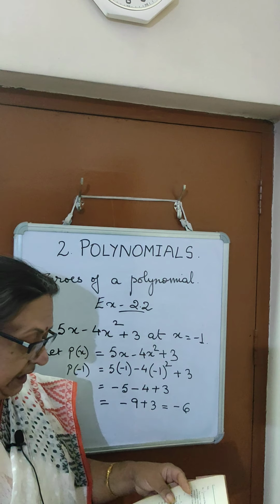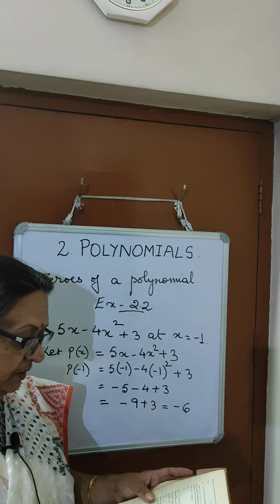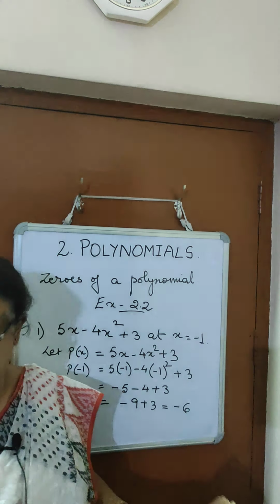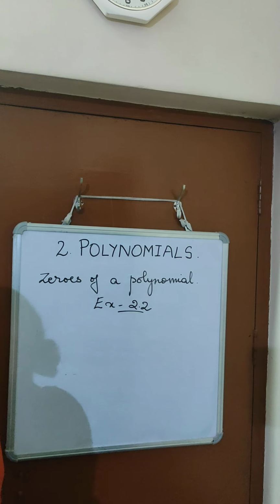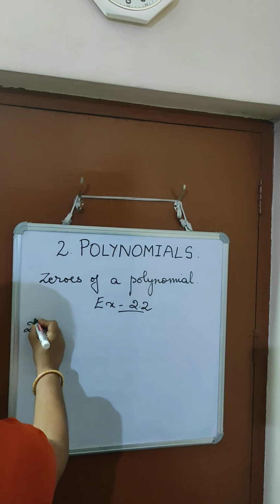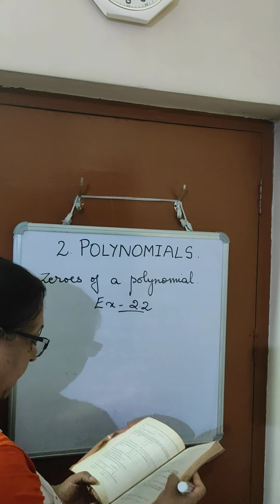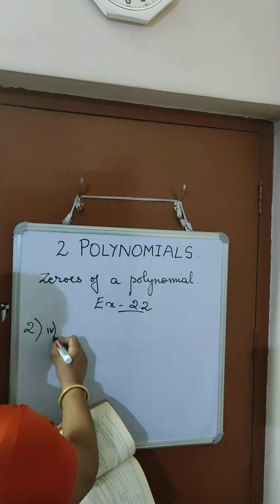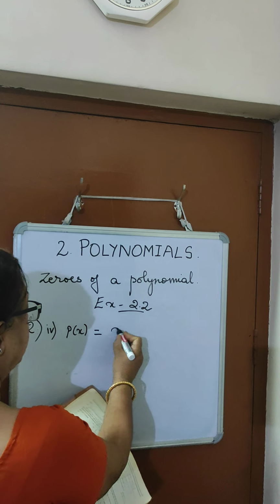Okay, let's see another one. Question number 2, find p(0), p(1), p(2) for each of the following polynomials. Okay, let's take another example from question number 2. Again, come on, let's take the last one. p(x) equal to (x minus 1) into (x plus 1).